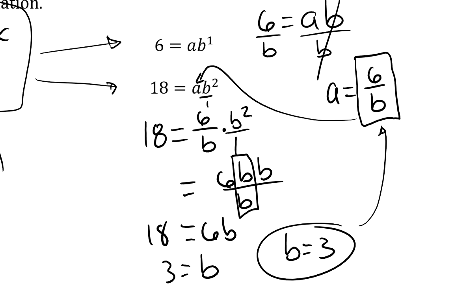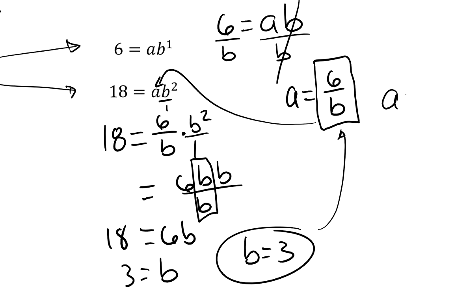So if I plug in that b is 3, I can see that a has to be 6 divided by 3, or a must be 2. So a is 2, our starting term is 2, our 0th term is 2, and as we move forward, we're multiplying by 3.